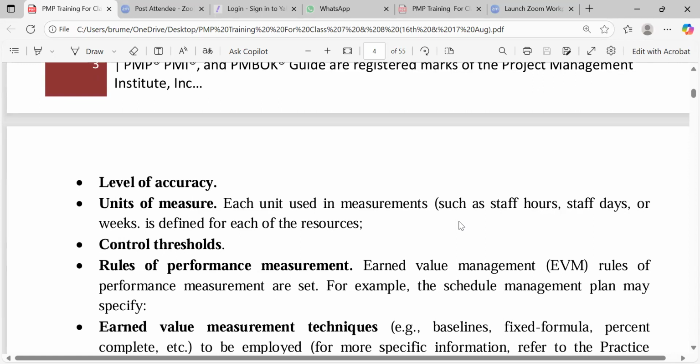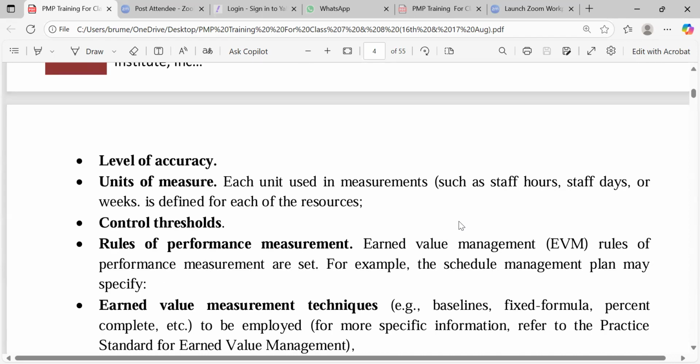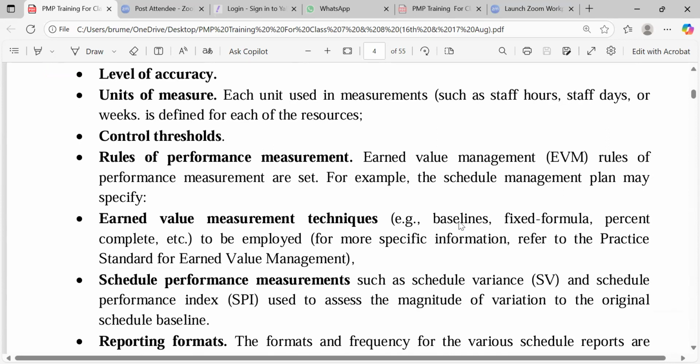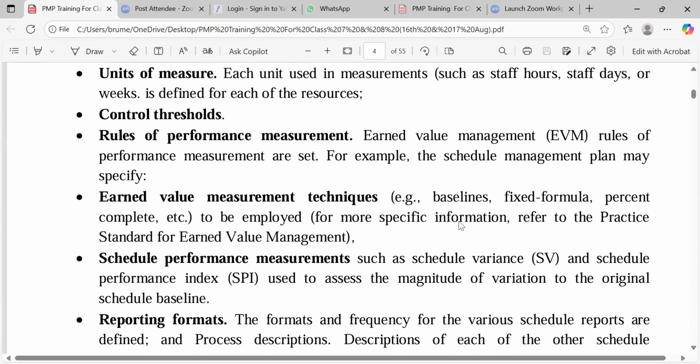If it is time, we'll be talking about how you would work for time and what is the value of the time you will get or have gotten. So I will explain that. We must come up with rules of earned value management, and we have lots of techniques, so we must choose which technique we are using. We have schedule performance measurements, which will look at the schedule variance.